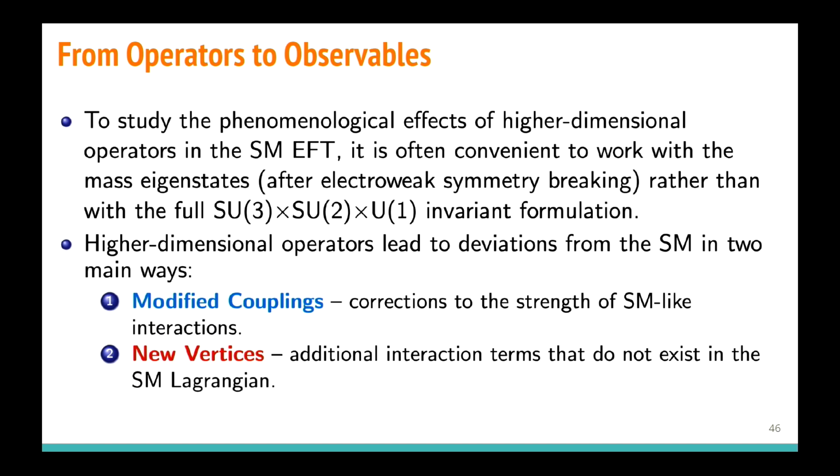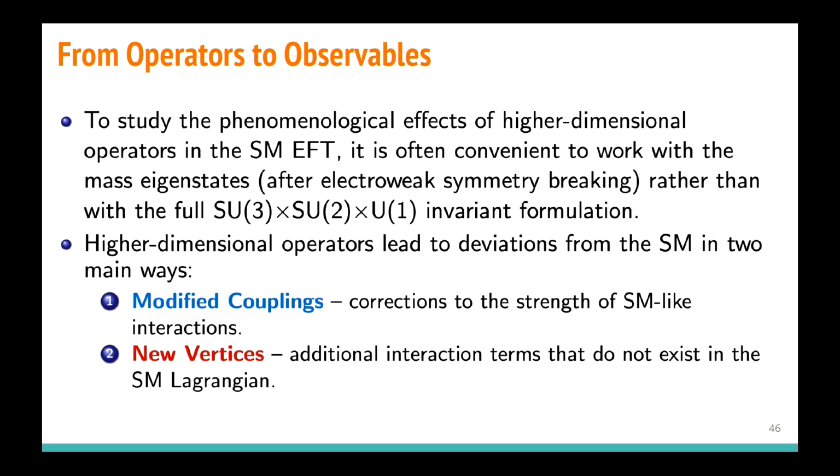So in order to study the phenomenological effects with the inclusion of these higher dimensional operators, it will be easy for us to work with the mass eigenstates rather than working with the full invariant formulation of SU(3)C, SU(2)L and U(1)Y. These higher dimensional operators will broadly lead to two deviations with respect to the standard model.